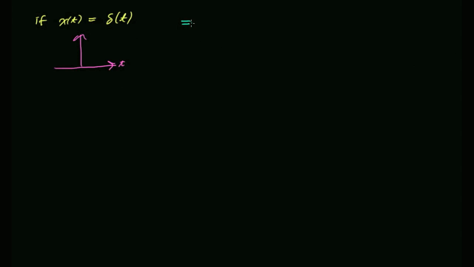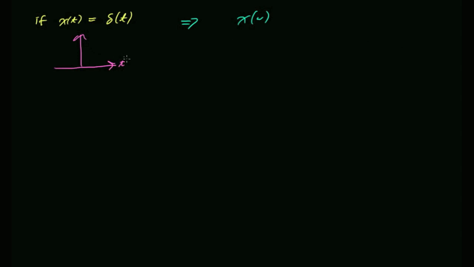This is important. This is a fundamental property that we're talking about. If your signal x of t is the impulse function in time, so if you take a signal that looks like that and take its Fourier transform, you get a sinc function that never actually sinks.